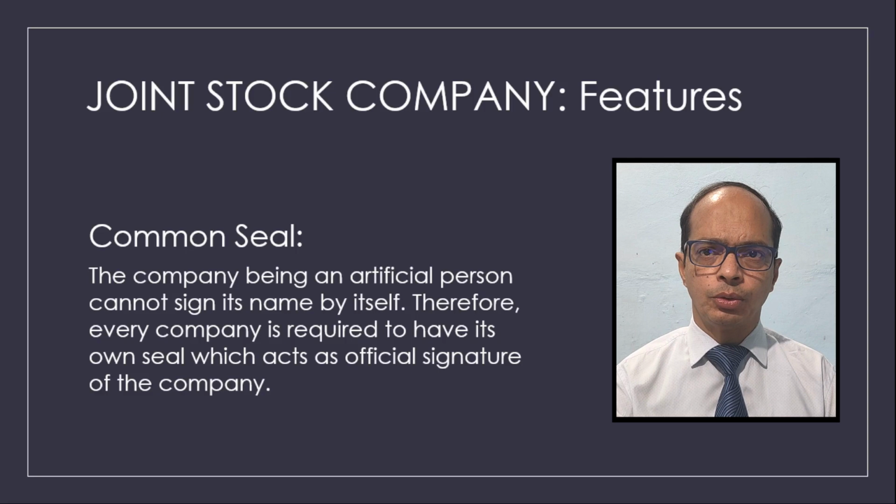So here I am telling you, the common seal is used as signature of joint stock company. On every document of joint stock company, there must be a common seal. Otherwise, document will not be binding on the joint stock company in absence of the common seal. Means, common seal is treated as official signature of joint stock company.